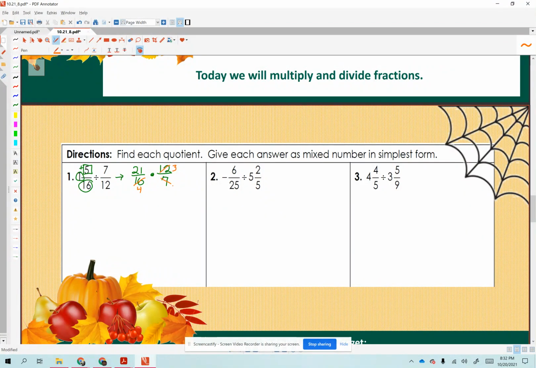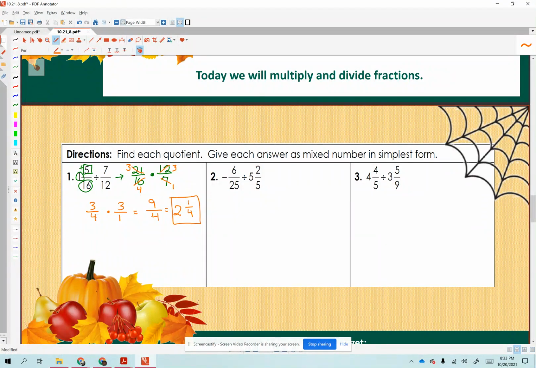So 7 divided by 7 is 1. 21 divided by 7 is 3. So I can rewrite that as 3/4 times 3 over 1, which equals 3 times 3 is 9. 4 times 1 is 4. And 9 divided by 4 is 2, because 2 times 4 is 8, and 1/4 left over.